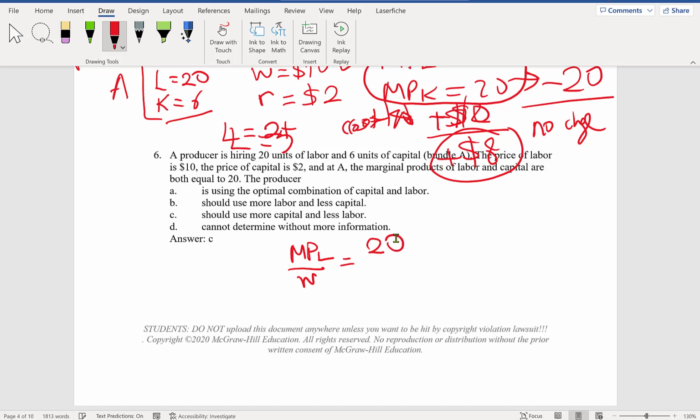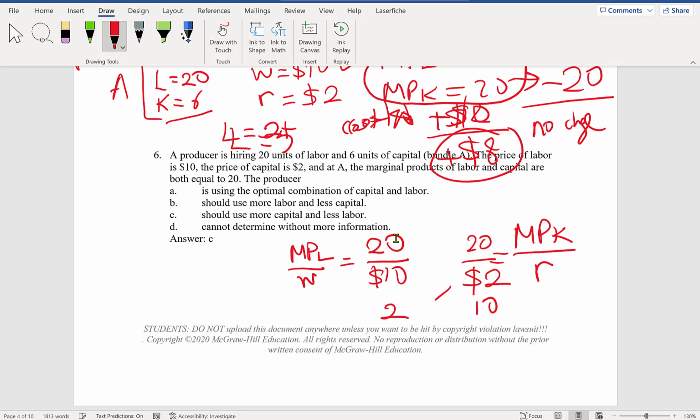So 20 units, I apologize, wage rate was $10. Okay, we're comparing this to marginal product of capital per dollar spent. Marginal product of capital is 20, but capital's price is $2. So this is 10, this is 2. So in English, marginal product of capital divided by R is greater than marginal product of labor divided by wage rate.